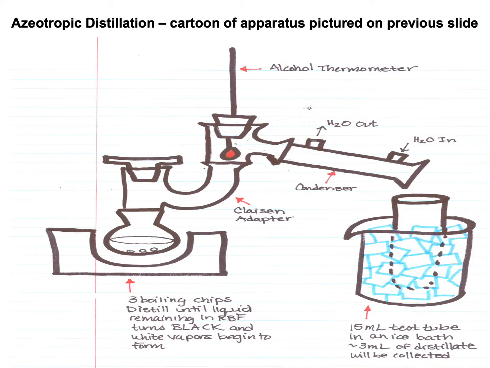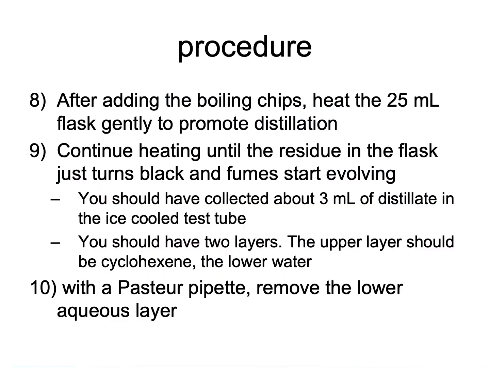Here again you see the schematic of the azeotropic distillation, very similar to the previous slide. After adding the boiling chips, we are going to heat the mixture and continue heating until the mixture inside the round bottom flask turns black.